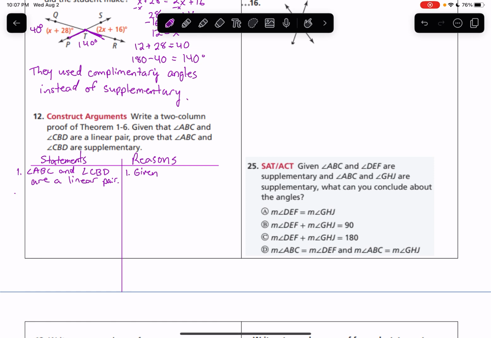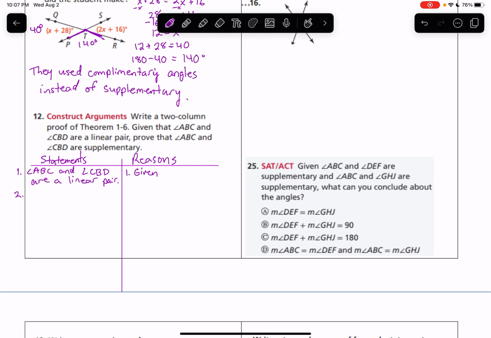Then we say, all right, we're trying to prove that ABC and CBD are supplementary then. So I'm trying to think, what do I know about linear pairs? I know linear pairs happen when we have 2 angles that together make a straight line, right? Together they make a straight angle. So if I put these 2 angles together, I would get angle ABD. And again, I could be skipping some steps here.